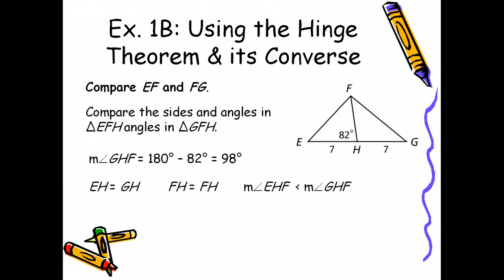And we know that EH and GH are the same. They're both 7. FH is equal to itself. The measure, though, of EHF is smaller than GHF. So by the hinge theorem, EF is smaller than GF.